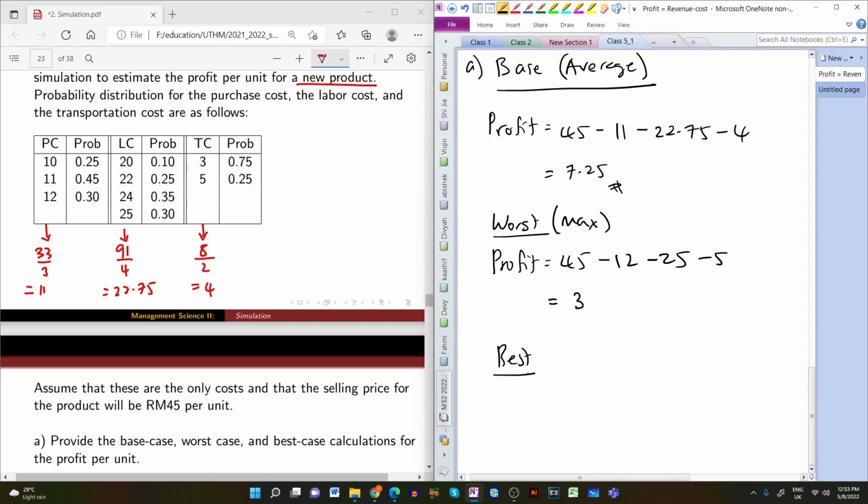And for the best case, you will take the minimum cost: 45 minus 10 minus 20 minus 3, you will have 12 here. This is the answer for A.